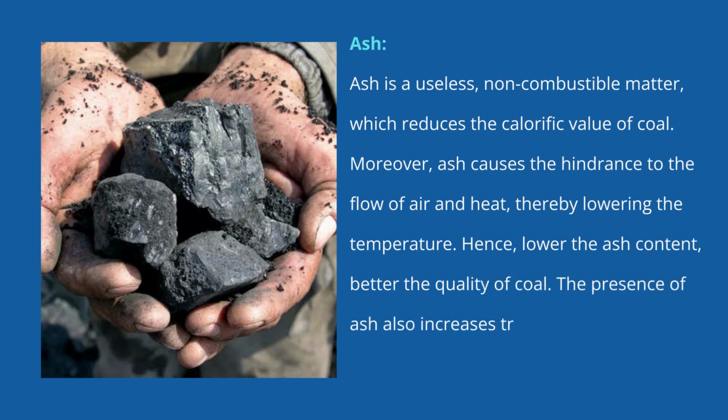The presence of ash also increases transporting, handling and storage costs. It also involves additional cost in ash disposal. The presence of ash also causes early wear of furnace walls, burning of apparatus and feeding mechanism.